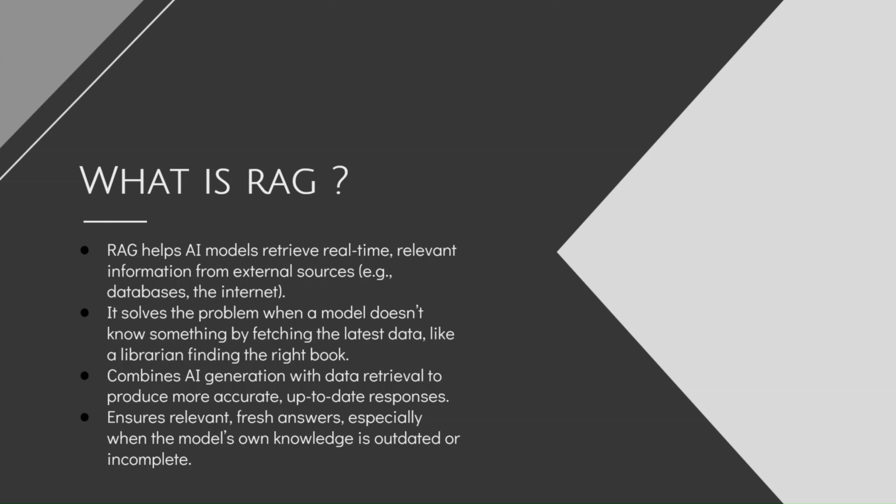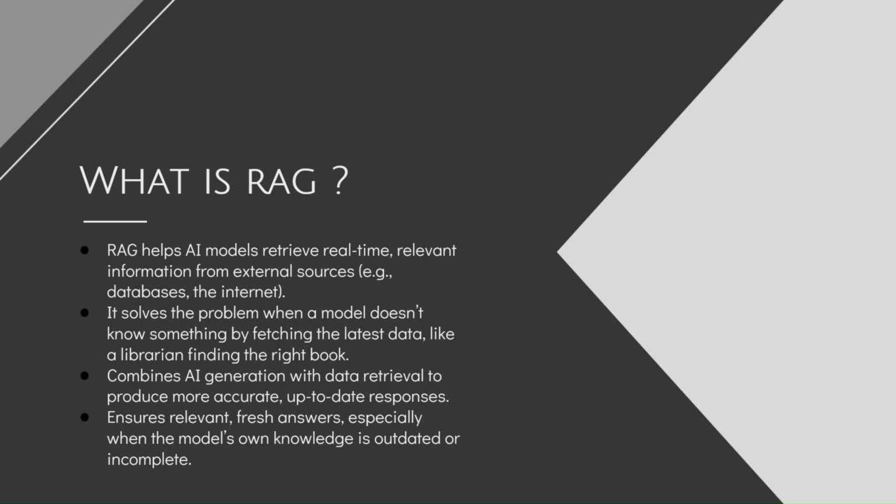But the model does not have that information stored in its brain because it's been a while since it was trained. Instead of giving you an I don't know answer or, worse, making something up, RAG steps in to save the day. It retrieves real-time, relevant information from external sources like databases or the internet and uses it to give you a much better answer.